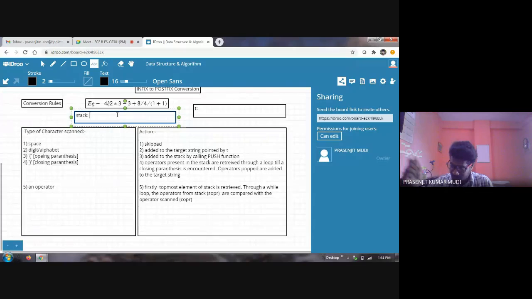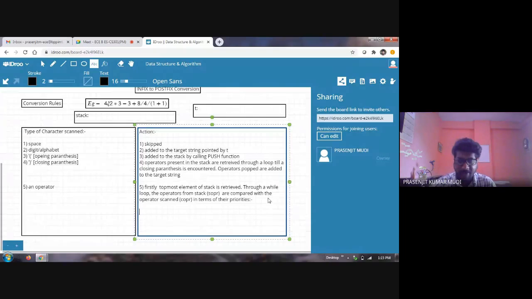So that operator is retrieved or popped. That operator coming from stack, which is known as SOPR, and the operator just scanned from the input device, which is known as COPR, these will be compared simply in terms of their hierarchical order, in terms of their priorities. Okay, priorities.